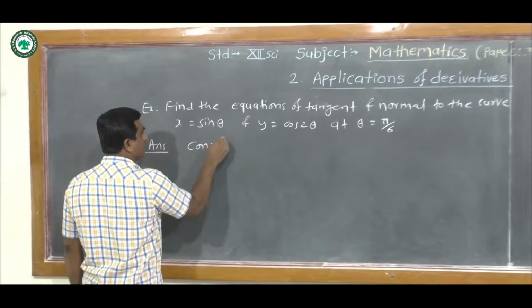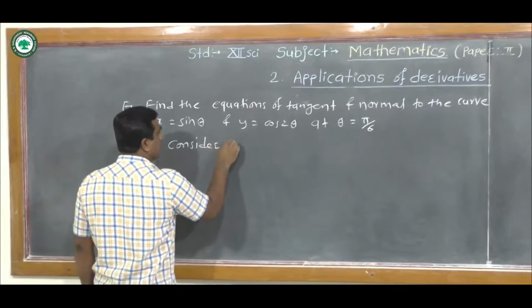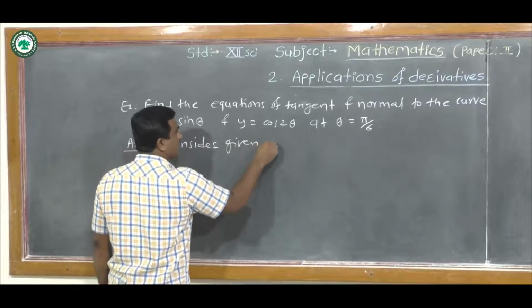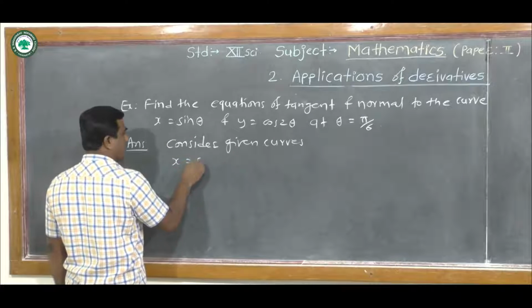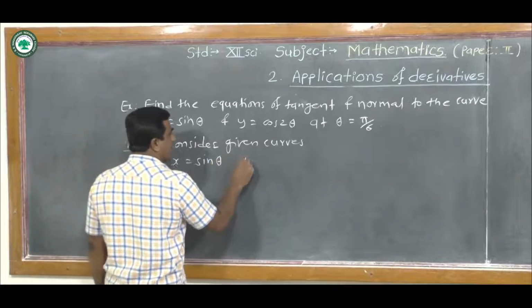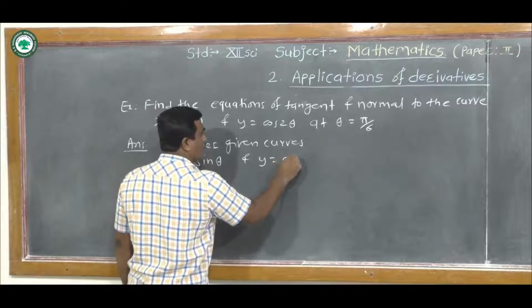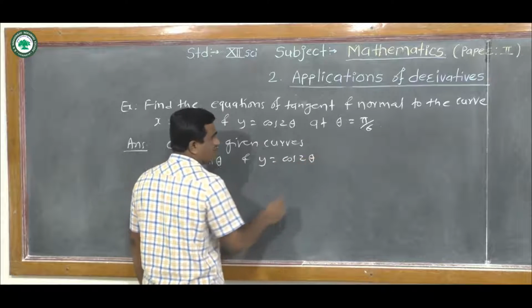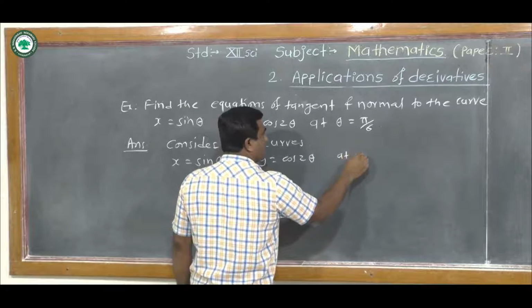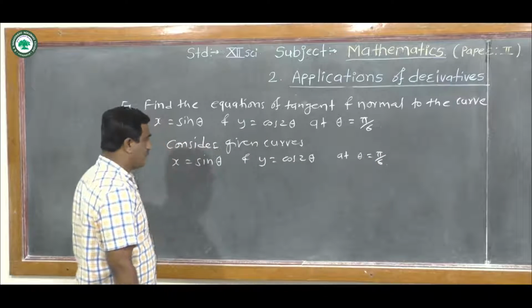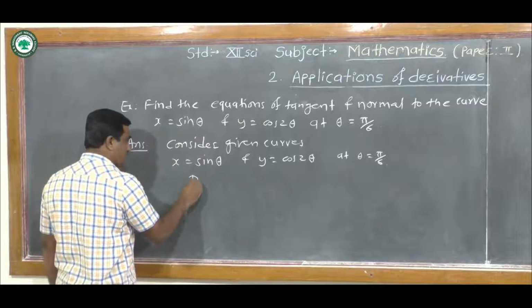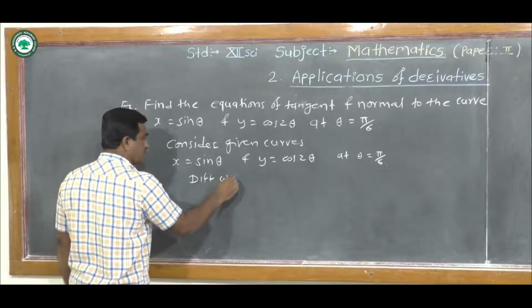Consider the given curves, that is x equal to sin theta and y is equal to cos 2 theta. Here the given point is theta equal to pi by 6. Differentiate these equations with respect to theta.